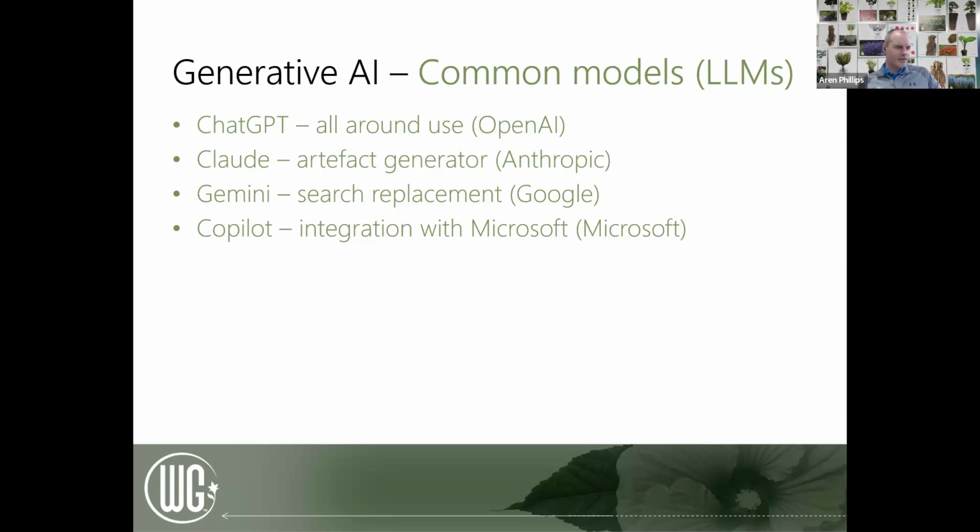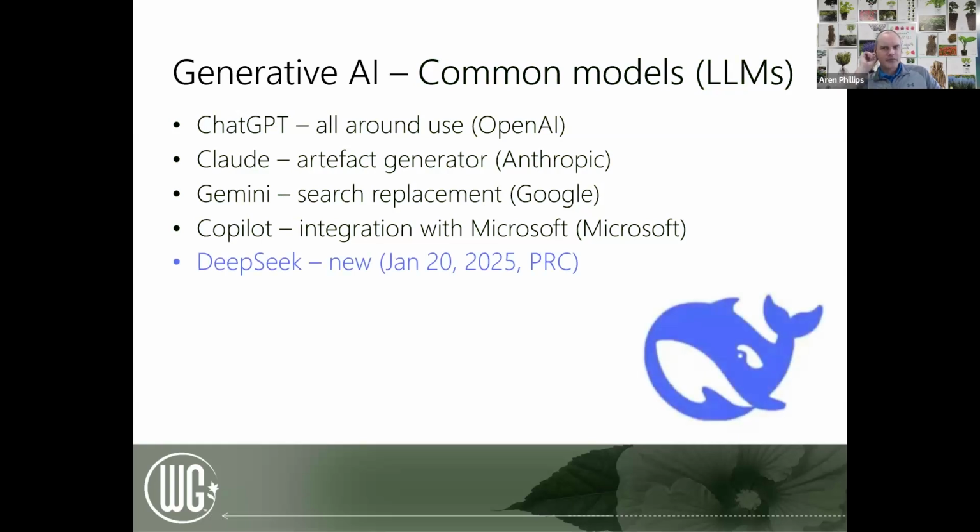And then I actually added this one. Out of the blue comes something called DeepSeek. And this is new just in the past few weeks, back to January 20. And it is PRC, which stands for People's Republic of China, okay? So if you've seen this in the news, it's coming out saying that it can do the same thing as all of these other guys for a lot cheaper, but it is tied to a telecoms company that is controlled by the Chinese government.